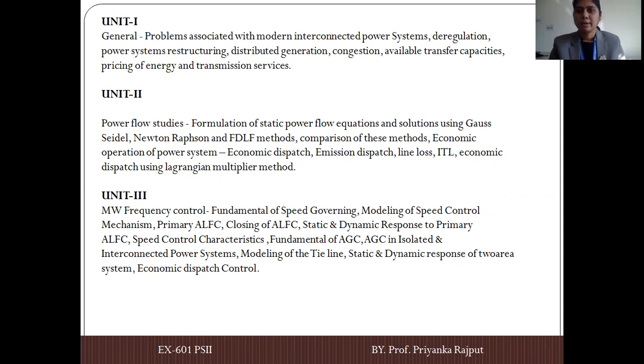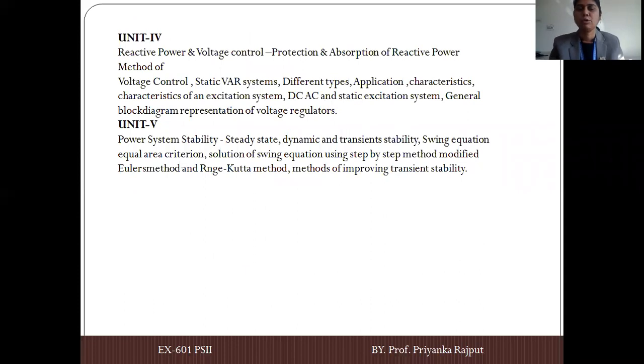In the third unit, we will cover frequency control and different types of methods. In the fourth unit, we will cover reactive power and voltage control and different types of excitation systems. And in the last unit, the fifth unit, we will discuss stability: what is stability, different types of stabilities, and the swing equation and all.